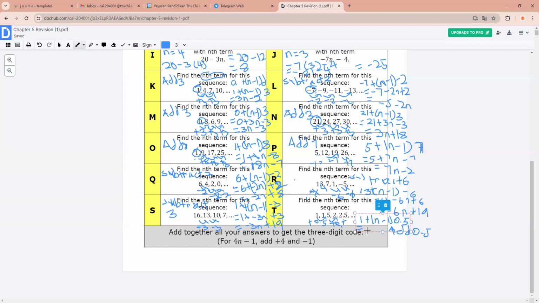And the answer is 1 plus 0.5n minus 0.5. So the nth term is 0.5n plus 0.5.